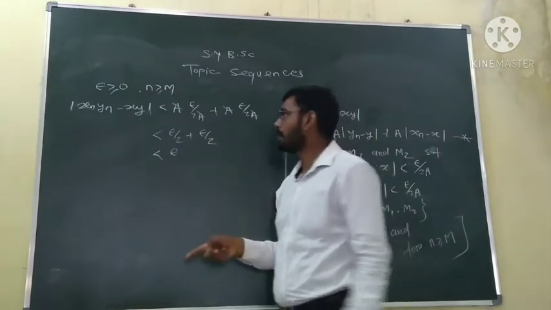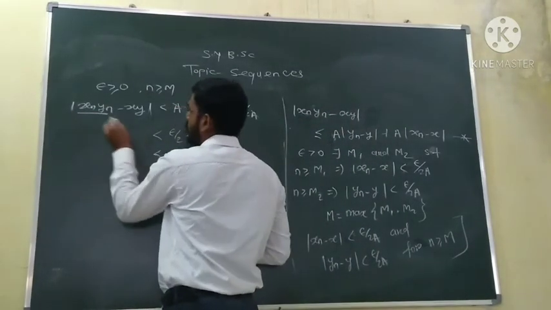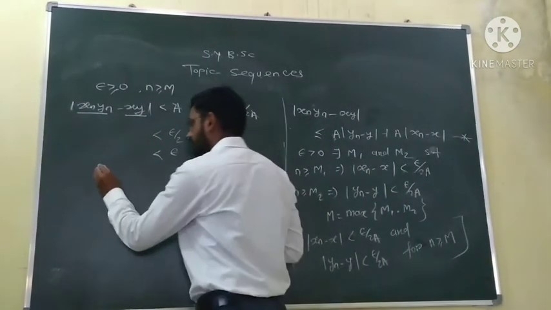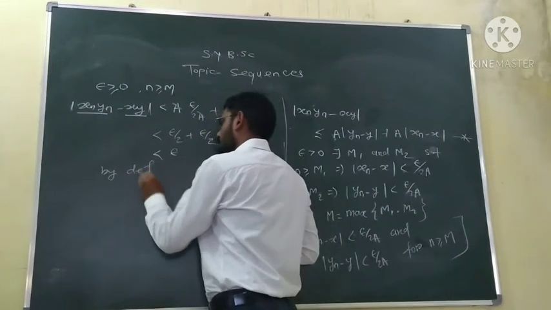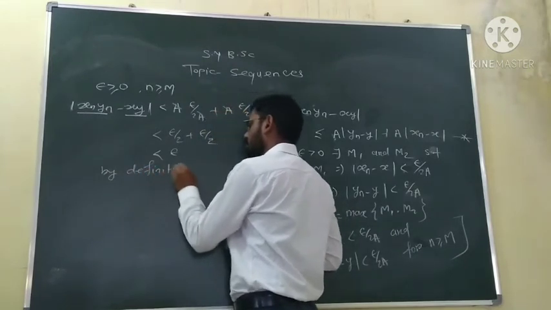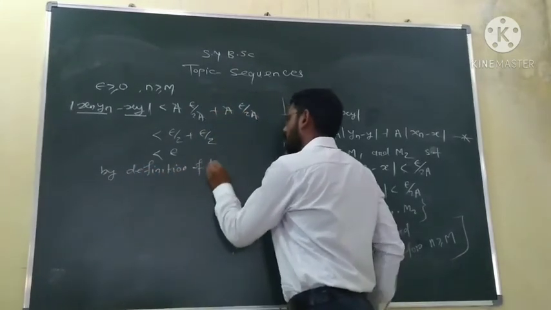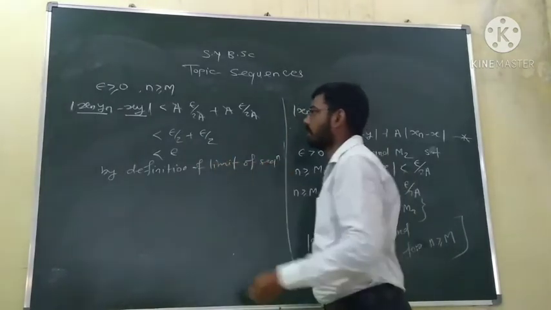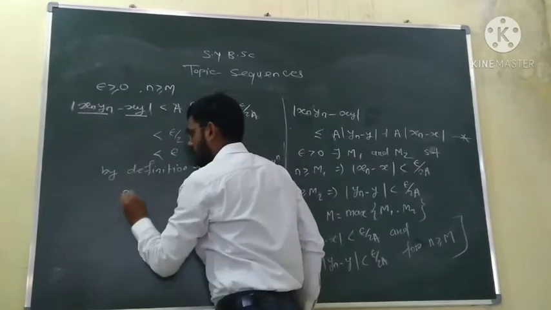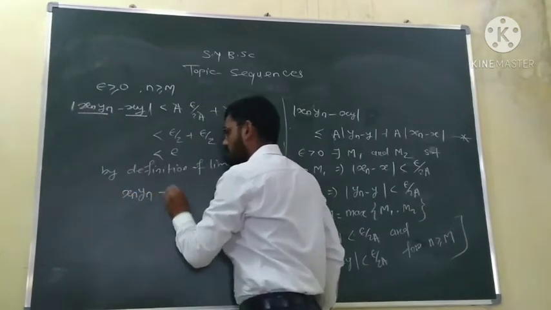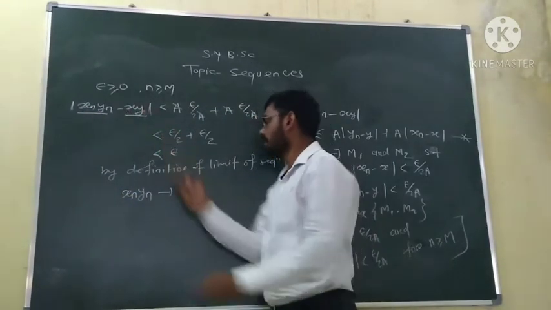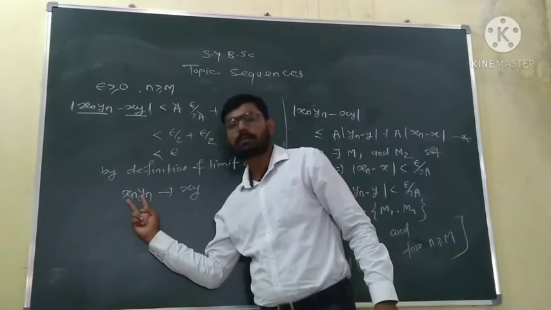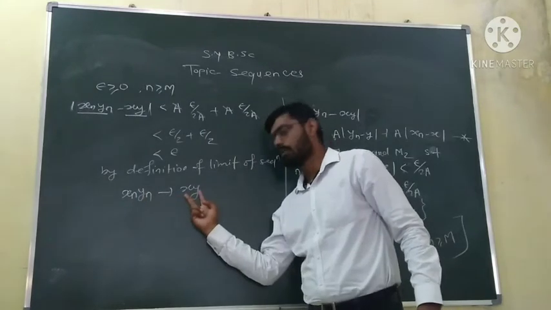So by definition of limit of a sequence, this sequence xn yn converges to the limit x into y. So the product of sequences converges to the product of limits.